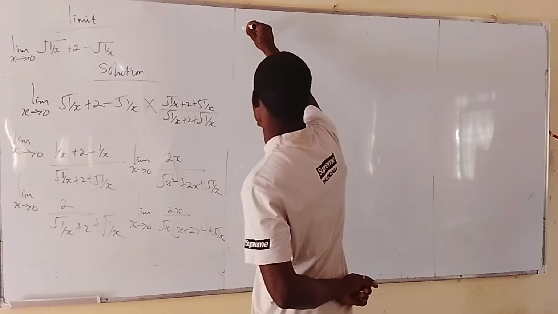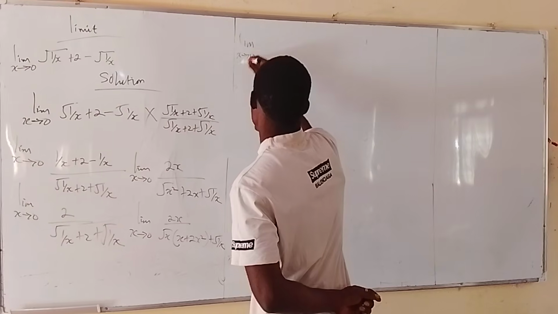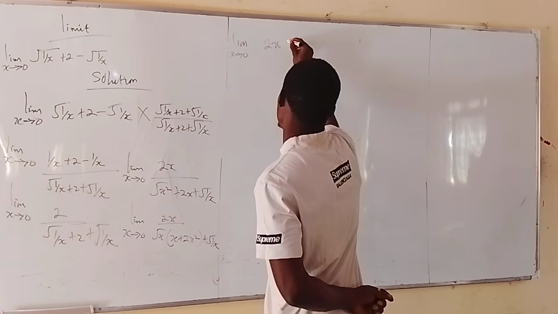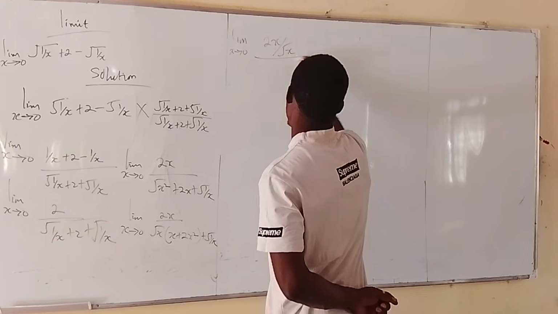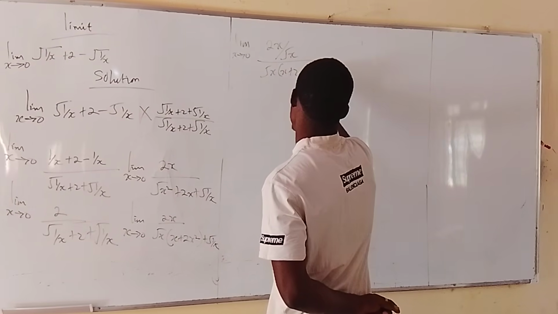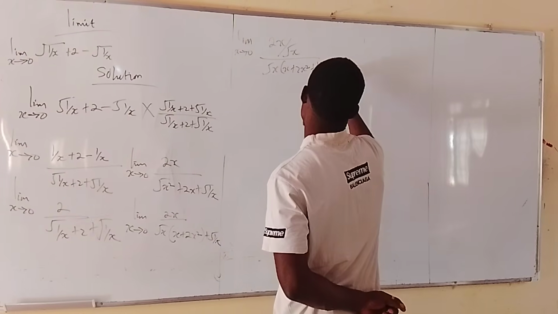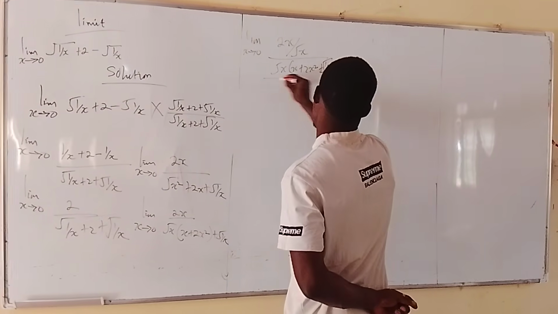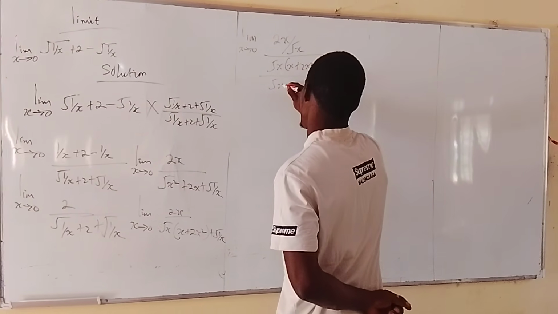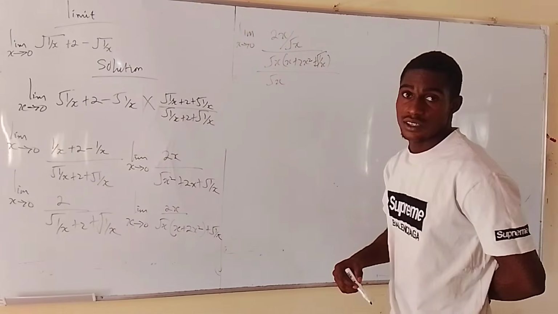So we are going to have the limit as x approaches 0 of 2x divided by root x, all over root x times (x plus 2x squared) plus root (1 over x) divided by what? Root x. So this root x will go with this root x.